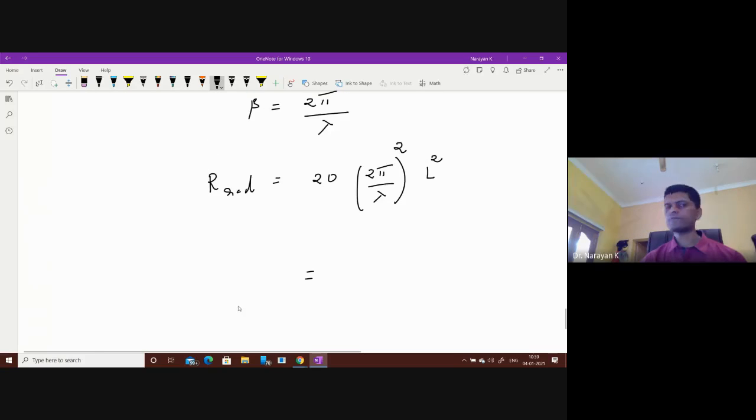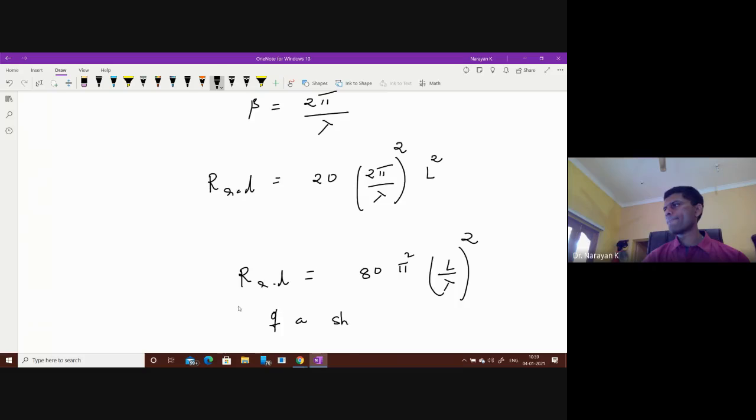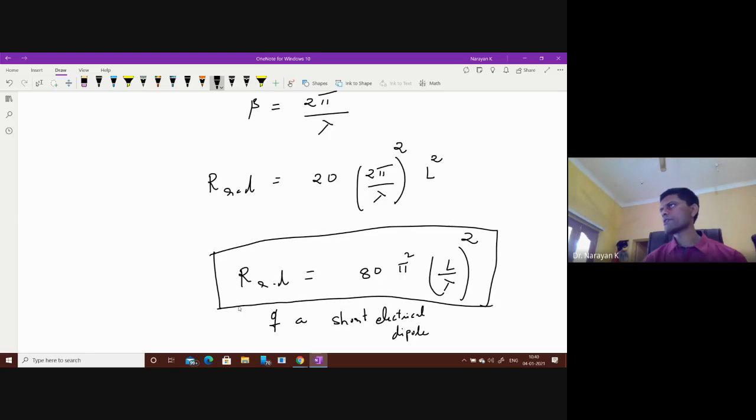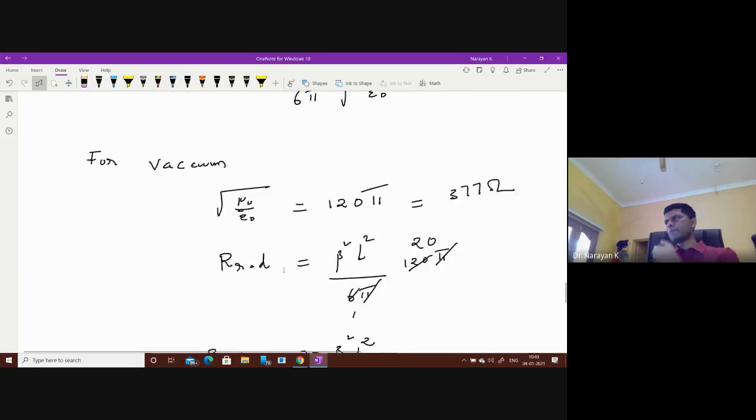What will be this? 80 pi square L by lambda whole square. So this is your radiation resistance of a short electric dipole. This is your final answer for radiation resistance of a short electric dipole.